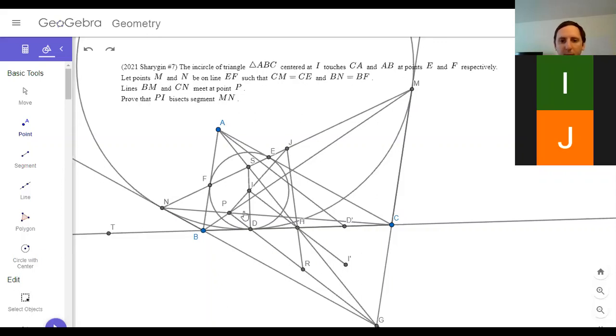It says that if you take the two diagonals of BPCG, the midpoints of PG and BC, that's R and H, and the midpoint of MN, which is J. Well, we want to show J is the midpoint of MN, but if it was, the three midpoints are always collinear. That's the Gauss line, the theorem of the Gauss line.